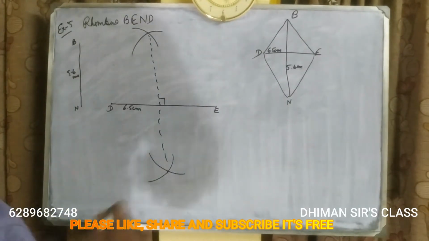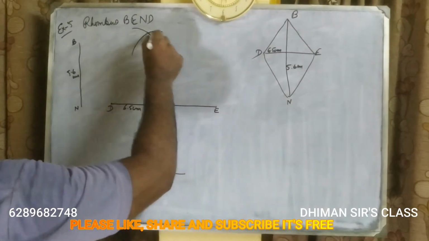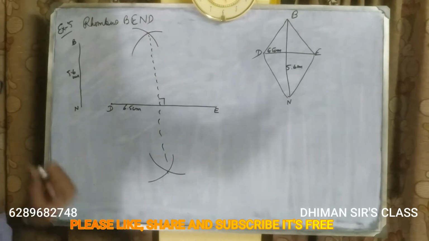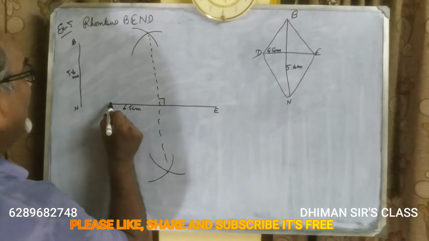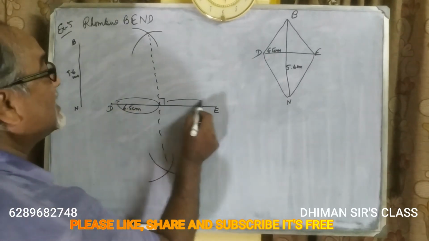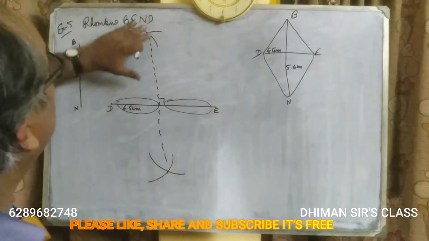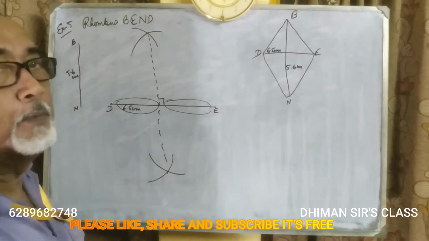Now students, 5.6, this diagonal, somewhere here it will be B, somewhere here it will be N. Where, we don't know. So in that case, we know this part is equal to this part. Yes or no? Correct? Because this line bisects this line at the midpoint.